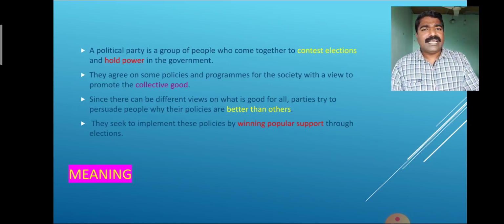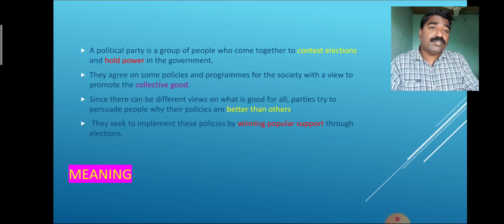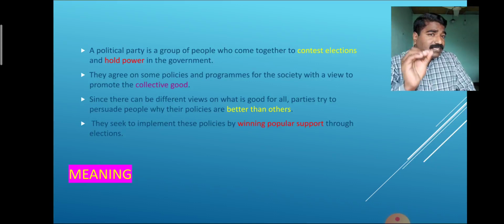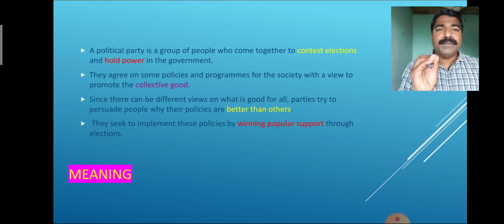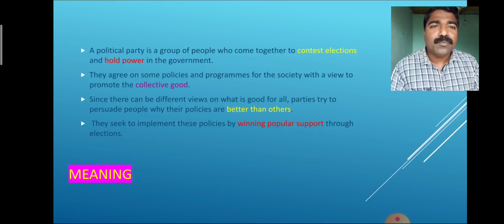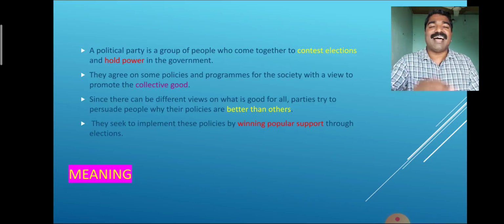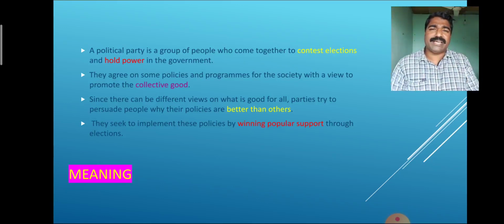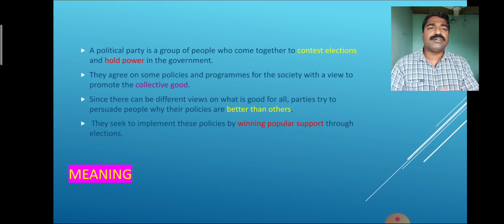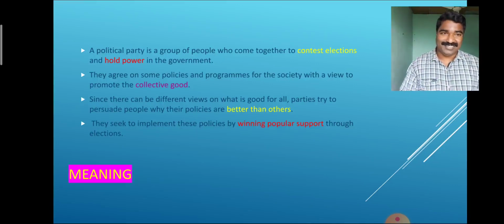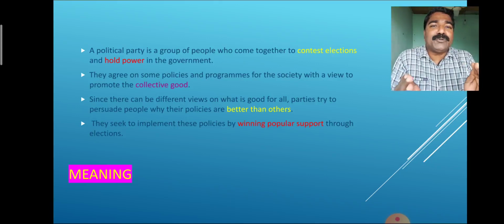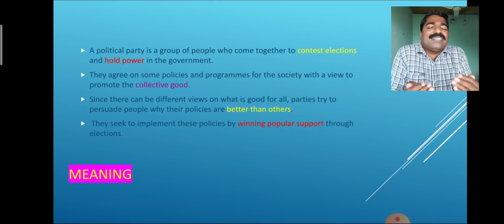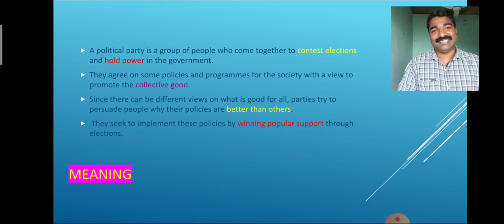Since there can be different views on what is good for all, parties try to persuade people why their policies are better than others.